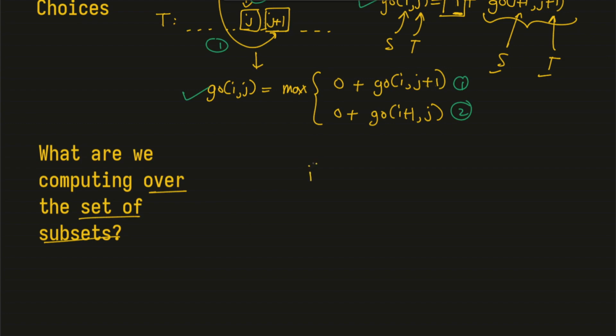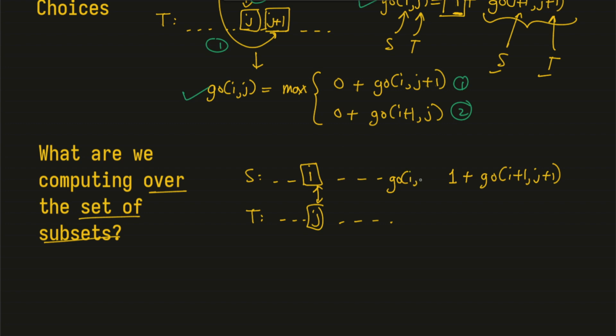If we are at position i in string s, and at position j in string t, and we match them, the length of the subsequence that we are constructing increases by 1, and the rest of the part that is available to us is i plus 1 to j plus 1. The state that we are updating is the state ij, and this is what we are computing, which is the length of the subsequence that we are constructing.